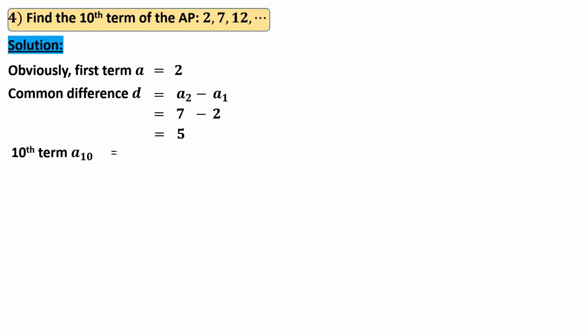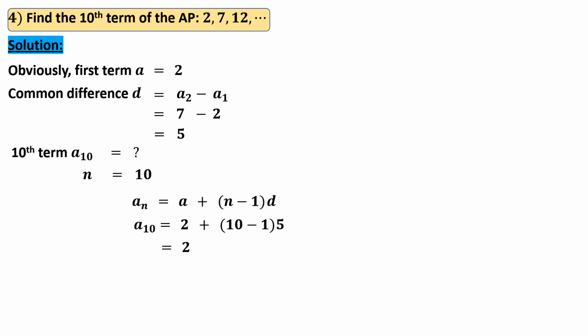Now, 10th term A10, this we need to find. Here, n equals 10. Let us use this formula: An, that is nth term, An equals A plus n minus 1 into D. A10 equals 2 plus 10 minus 1 into 5. 2 plus 10 minus 1 is 9 into 5.